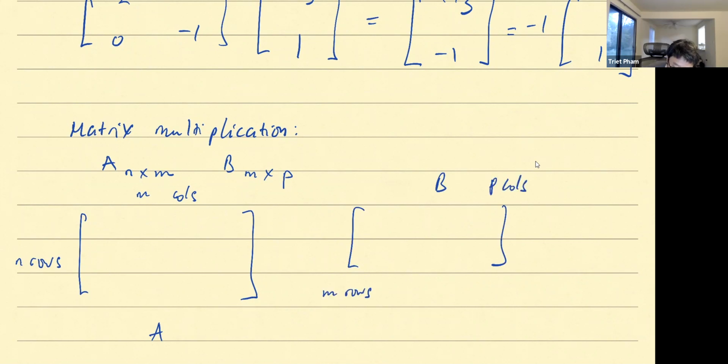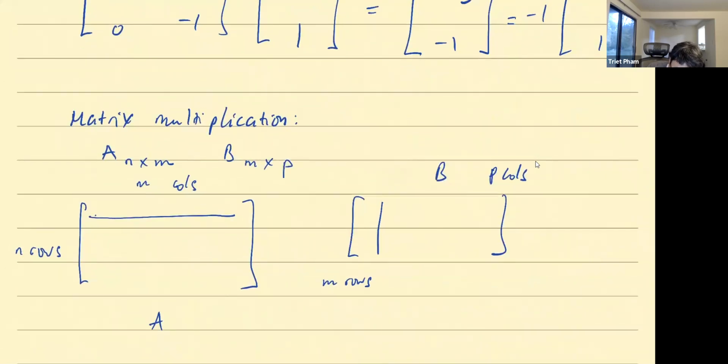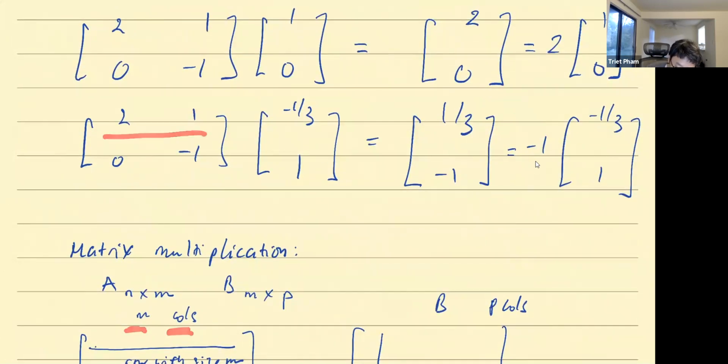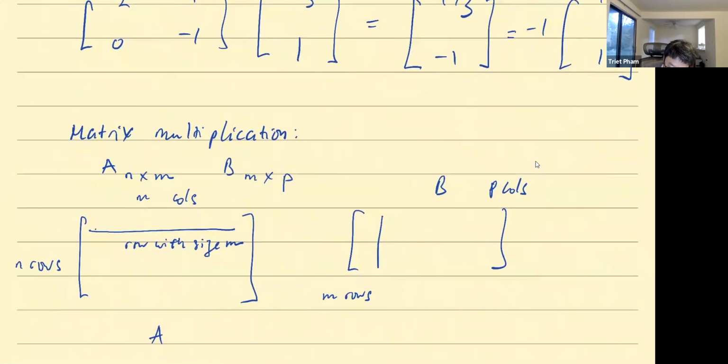What happens is that for A, you should look at it as rows, and for B, you should look at it as columns. So rows, columns. If you look at it as rows, then this is a row of size m, because you have m columns. Here you should look at it as a column of size m.